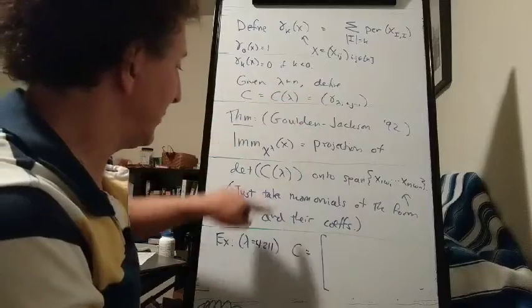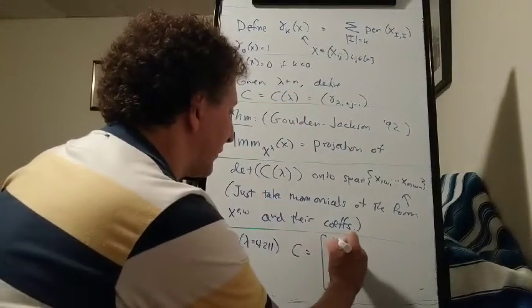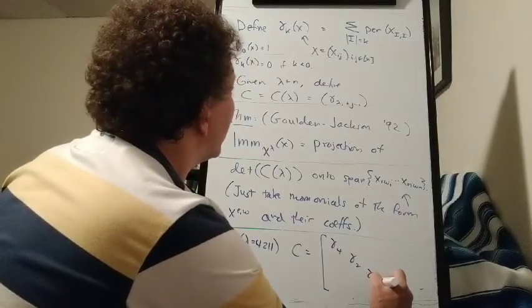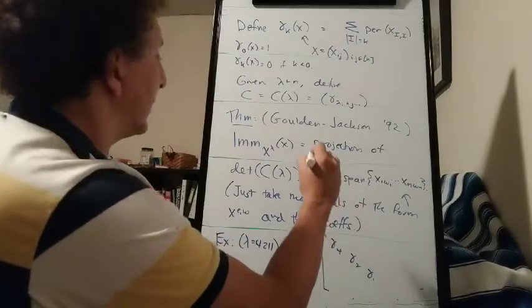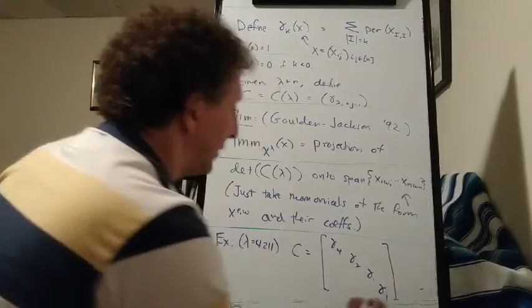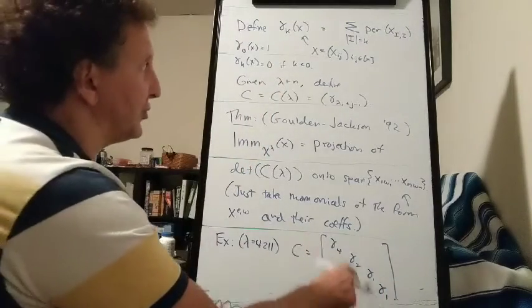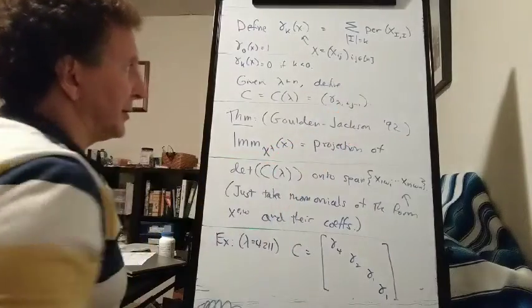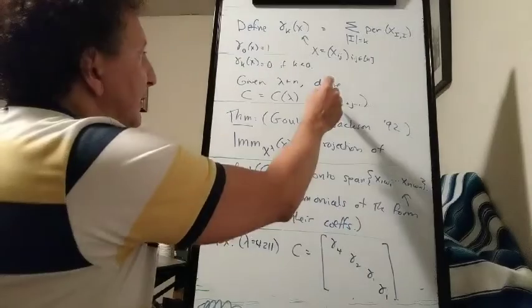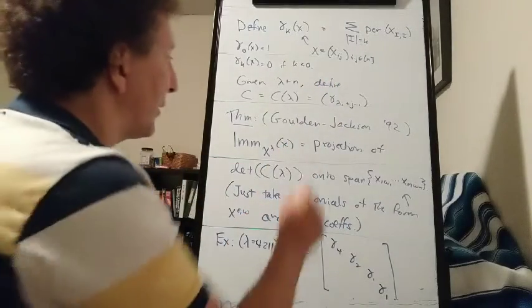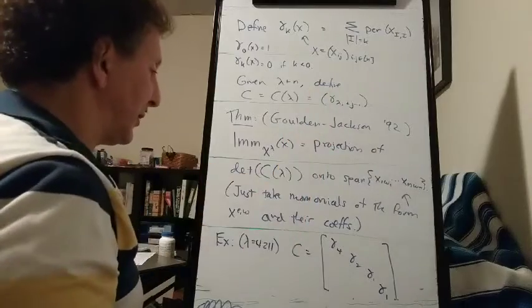So we're going to take gamma sub 4, gamma sub 2, gamma sub 1, gamma sub 1, and put that on the diagonal. So that's when i equals j, and so this is going to be a 0 here. So we just put the different parts of lambda as indices of gamma on the diagonal.